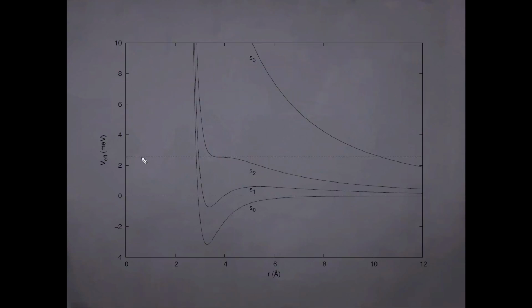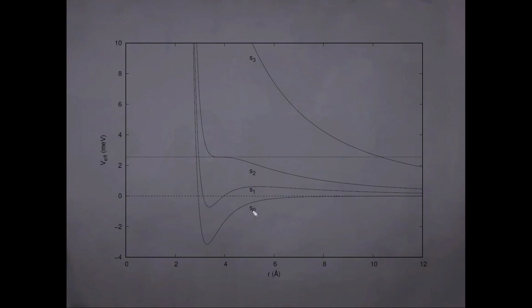And as a qualitative discussion, the effective potential in milli-electron volts, so the Lennard-Jones plus centrifugal barrier, is represented in this figure as a function of the radius measured in angstroms, and for different values of the impact parameter.